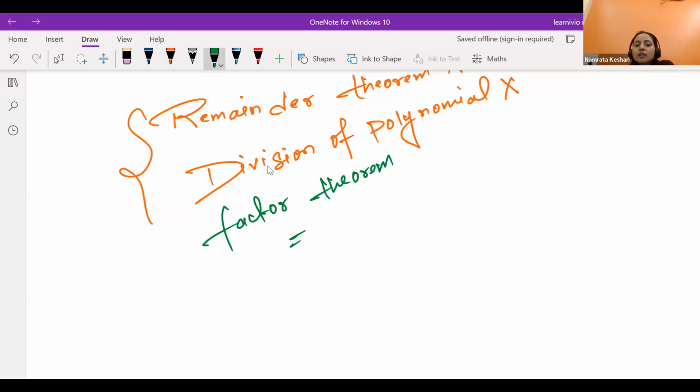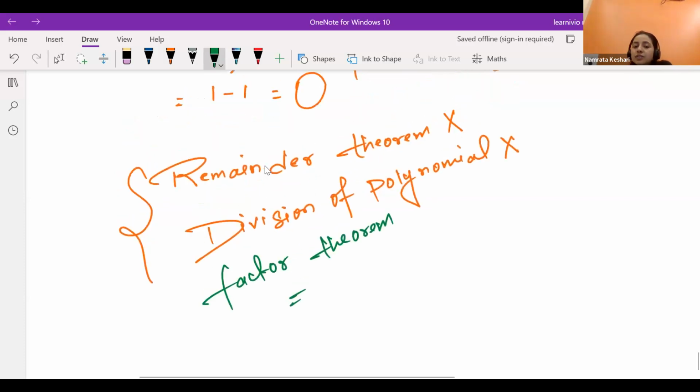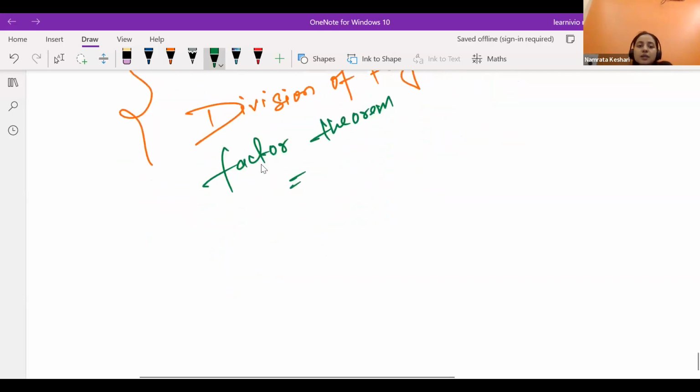Okay, then only factor theorem will make sense to you. Everyone has factor theorem. Remainder and division are not even there in the syllabus for anyone.